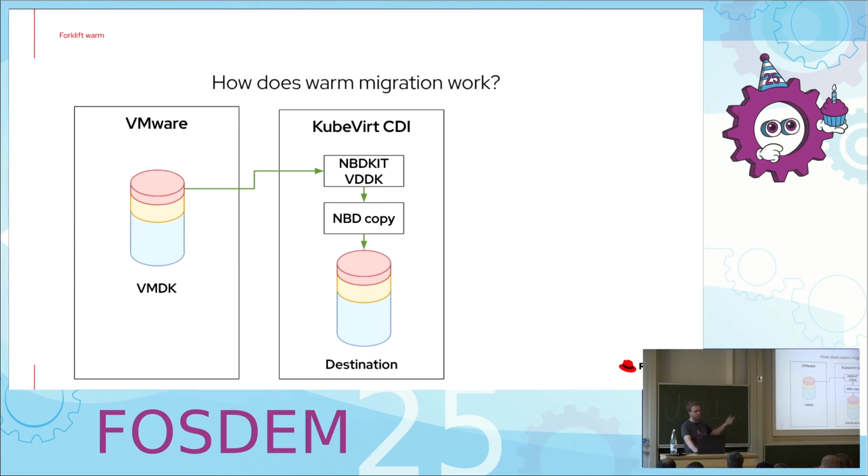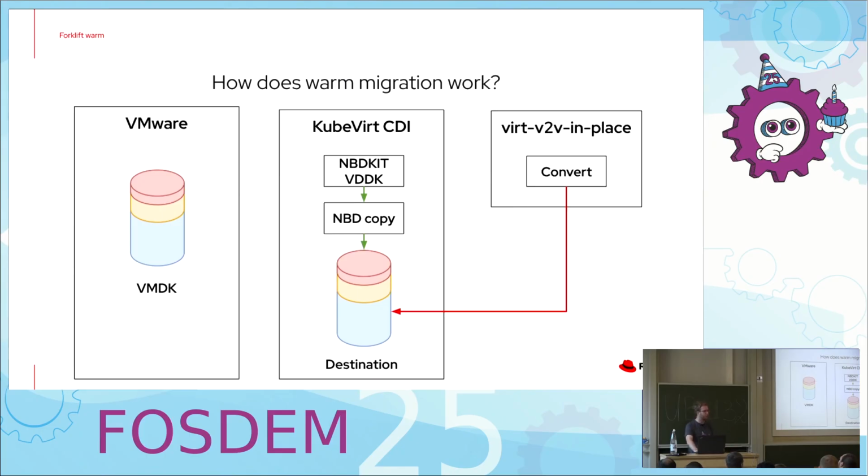And we do this periodically until the user sets the cutover time. At cutover, we will shut down the VM and do the conversion using virt-v2v in place on the already finished disk. So there is still downtime. It's not live migration, but still it's warm, so something in between.